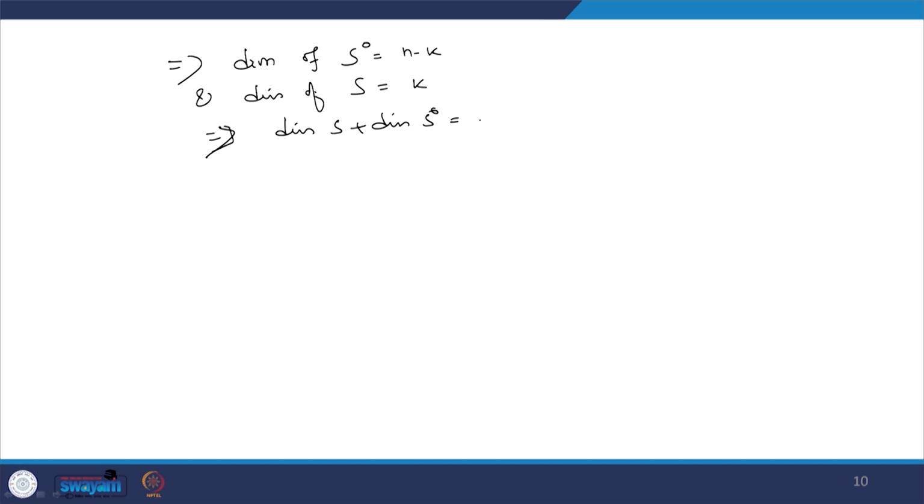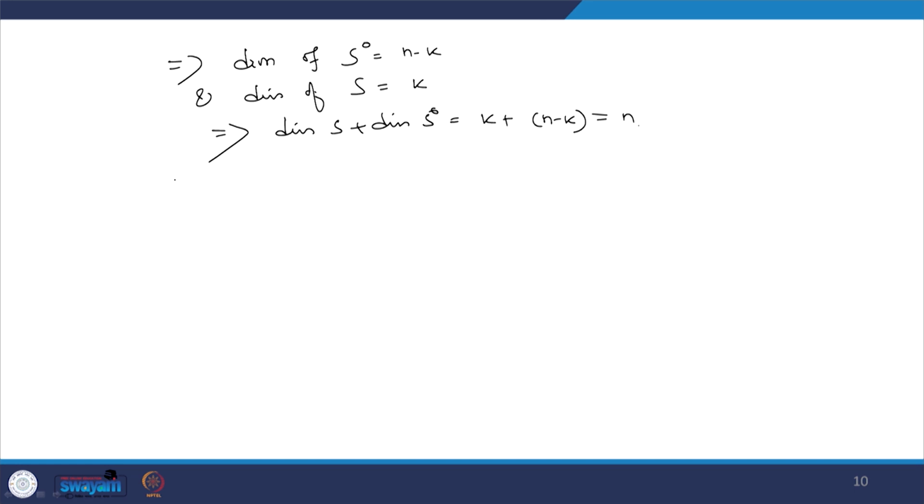This implies that the dimension of S naught is equal to n minus k, and the dimension of S is already given as k. So, the dimension of S plus the dimension of S naught is equal to k plus n minus k, which is equal to n.